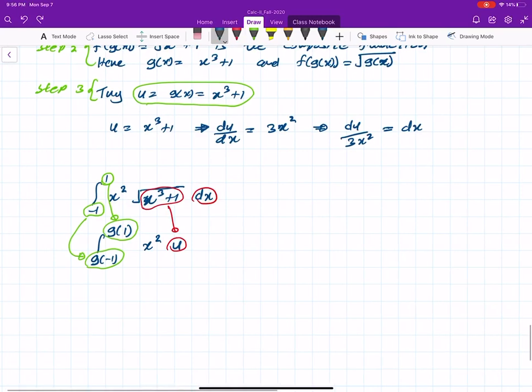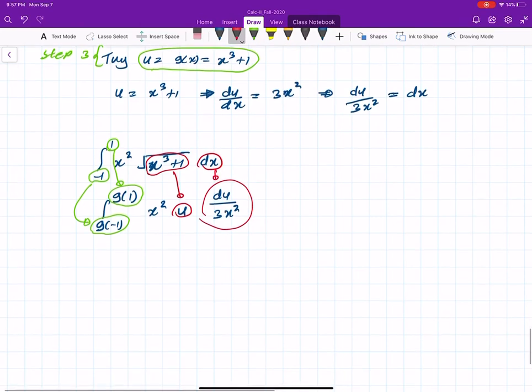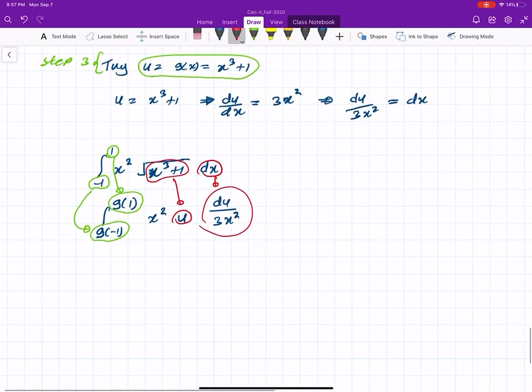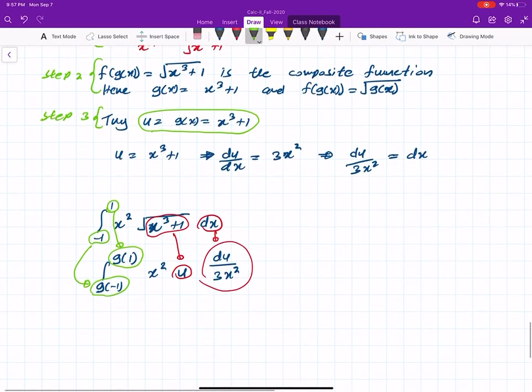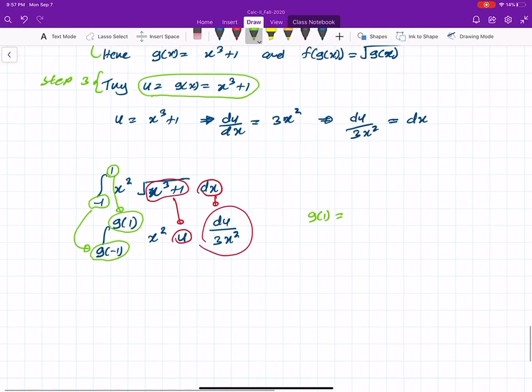So this should be du over 3x to the power 2. Alright, now you have to find g of 1 and g of minus 1. Let me work that out here. G of 1 should be, just substitute 1 for x. You know g of x should be x to the power 3 plus 1.